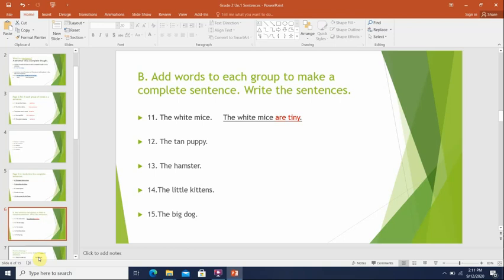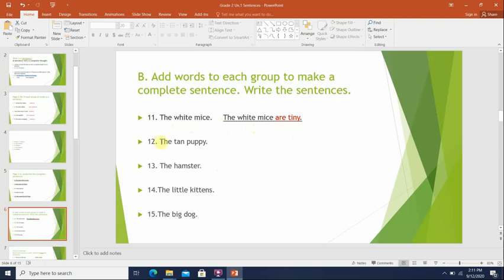We add more words so it can be a complete sentence. Of course, when you go back to your textbook, you can add your own answers. But for example, I will be giving you just examples. Number 11, the white mice. This is not a complete sentence, so I added words: the white mice are tiny.